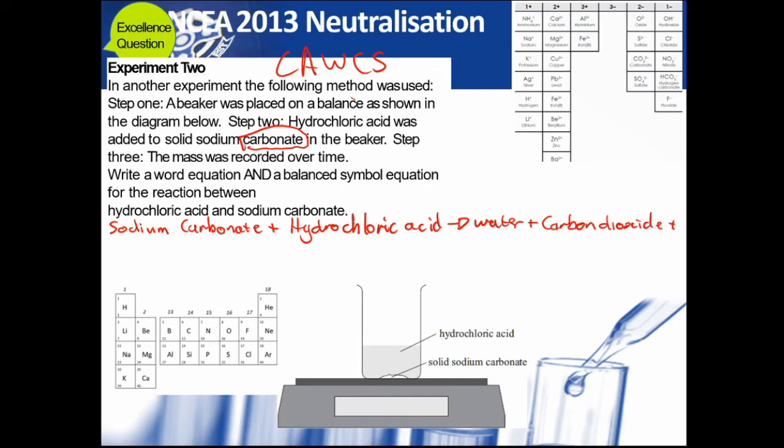So the carbonate is going to go into the carbon dioxide, and the oxygen that is left from that is going to go with the hydrogen from the hydrochloric acid to form the water. So we have chlorine and sodium left. Sodium, is it chlorine sodium or sodium chlorine? Sodium chloride.